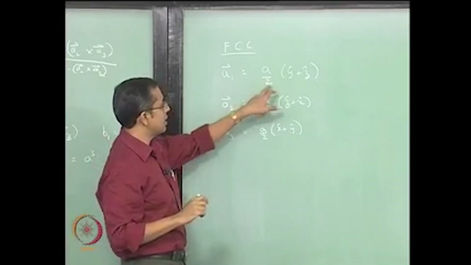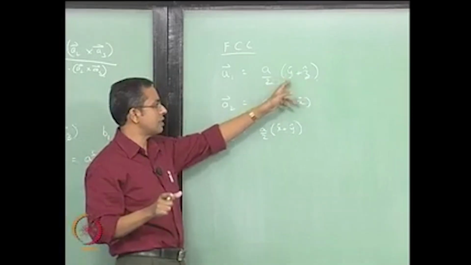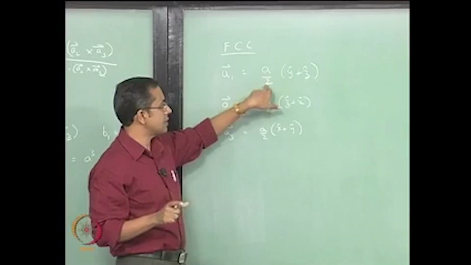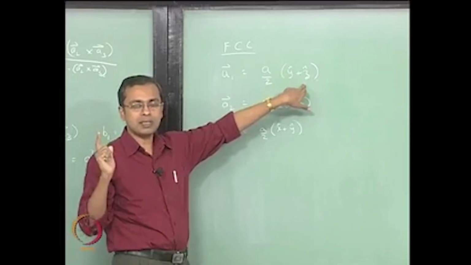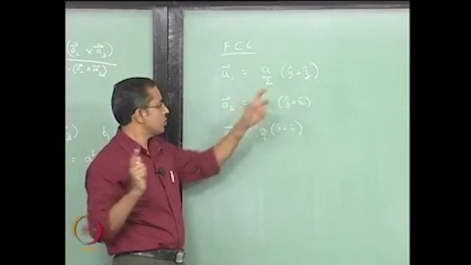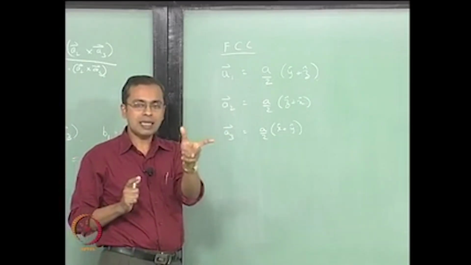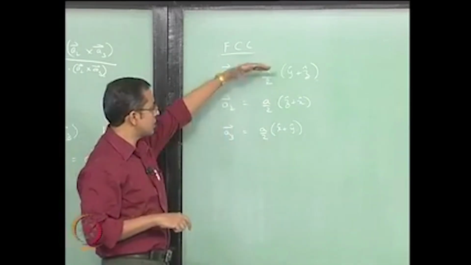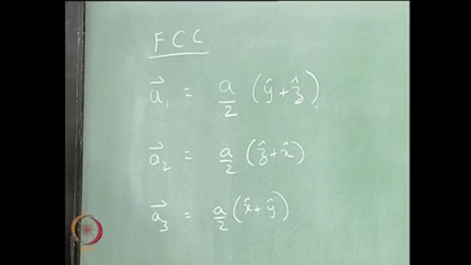This vector goes to a face center that is halfway between: if you travel half a unit vector along the y axis and half a unit vector along the x axis, then you find that you have reached a face centered location. So the origin connecting to the 3 face centers forms the unit cell that we are interested in, and on that basis you can build the rest of it. Okay, so these are the unit vectors that we would select in real space corresponding to a face centered cubic structure.